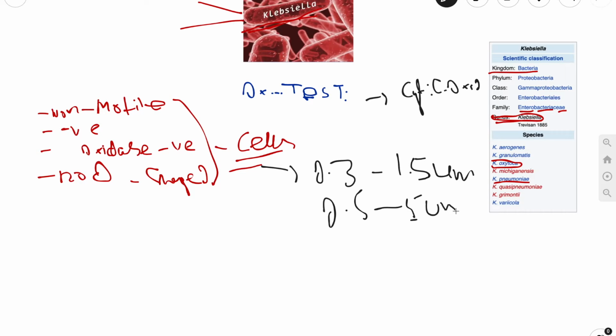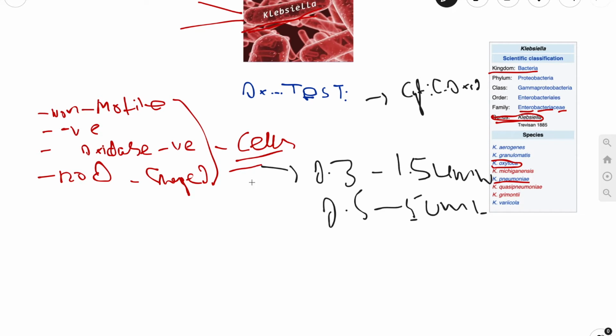Don't forget the sign for micrometer. So this is your length, this is your width regarding the Klebsiella. They can be found singly.